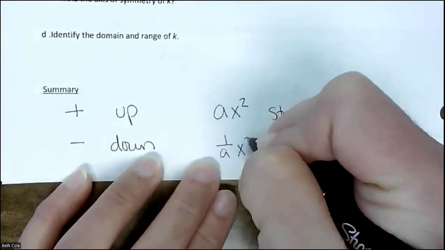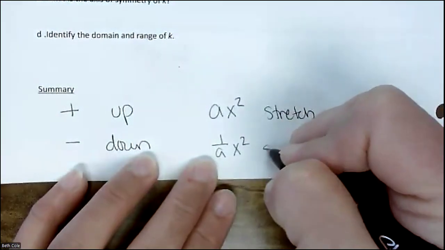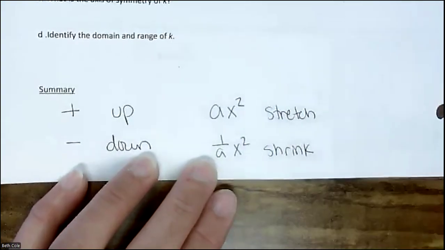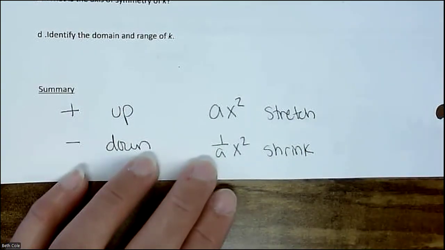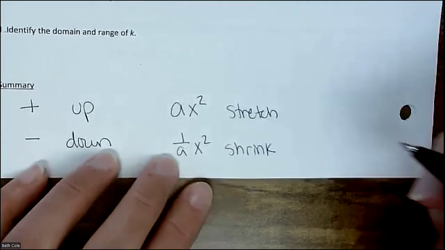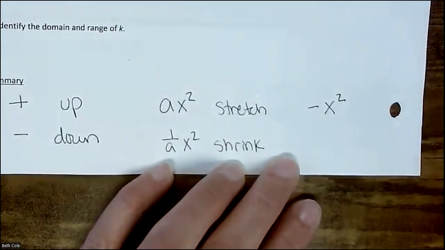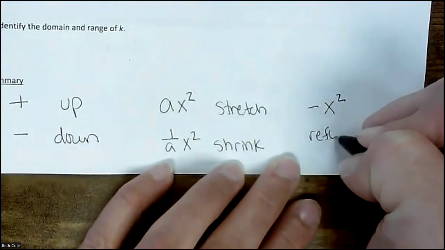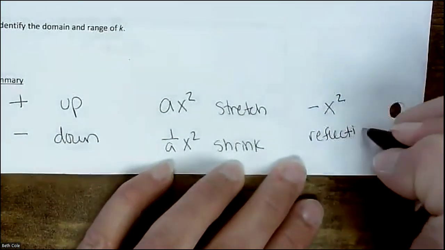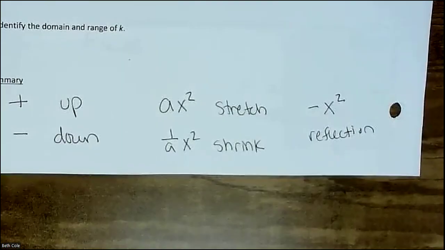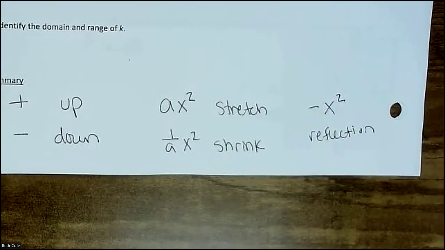If you have 1/a x squared, that's a shrink. And if you have a negative in front of it, it is a reflection. That's it. Those are the 5 things that can happen. Up, down, stretch, shrink, reflection. What's up? Okay.